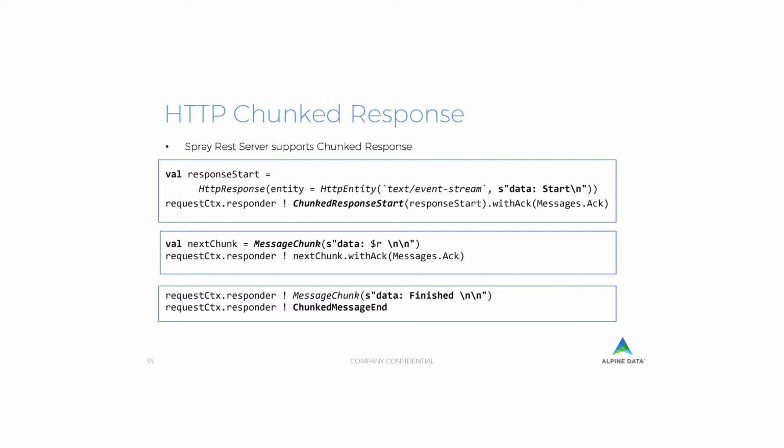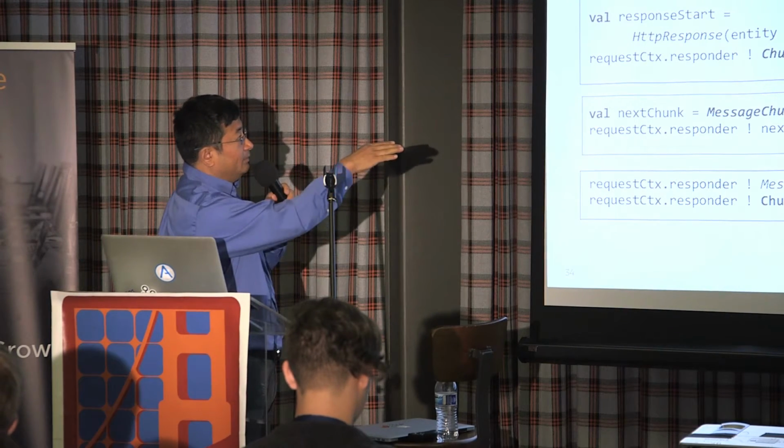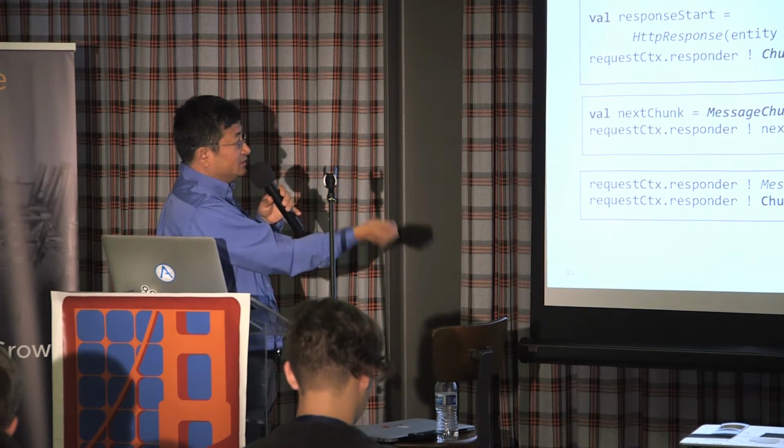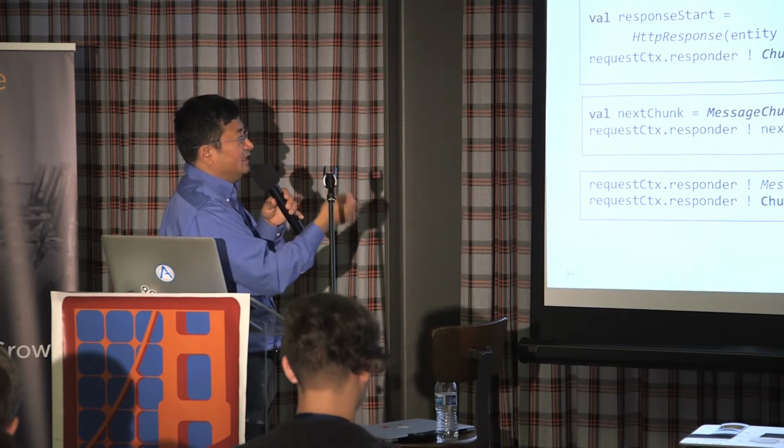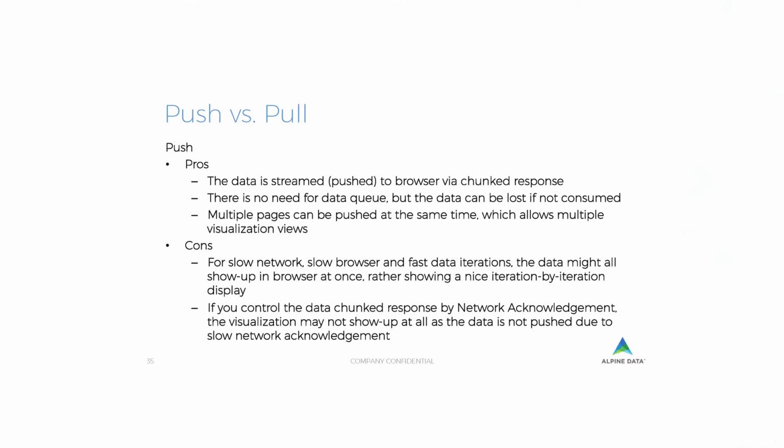So you can have this chunked response support. Each time we get a message, we start a chunked response and just keep sending until everything is finished. I can skip this. The last one is the visualization.